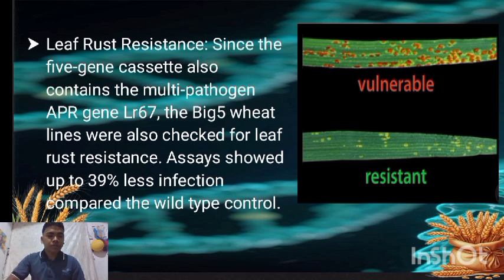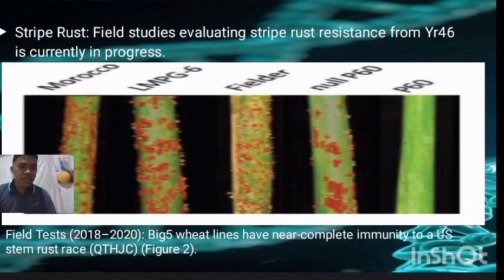And also, stripe rust studies evaluating stripe rust resistance from YR46 are currently in progress. In field tests from 2018 to 2020, Big 5 wheat lines had near complete immunity to US stem rust QTG HGC.